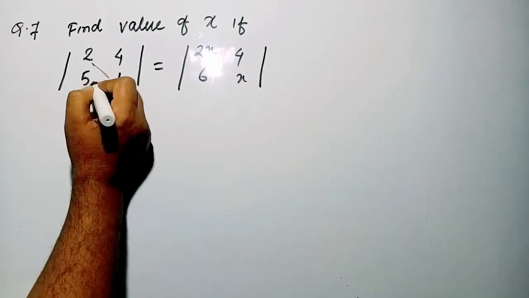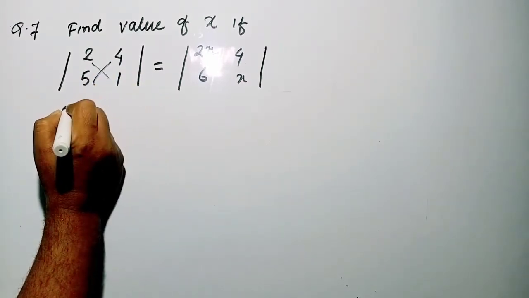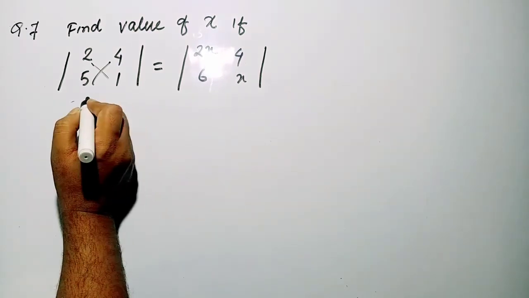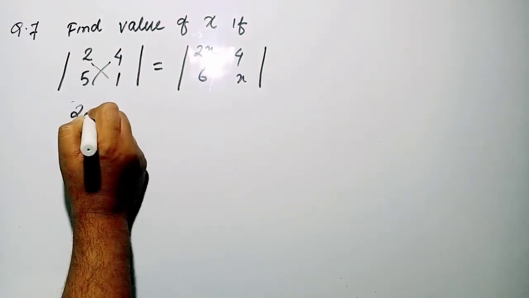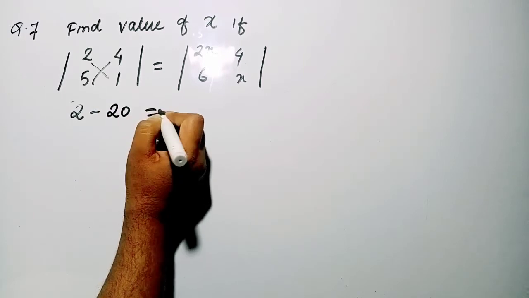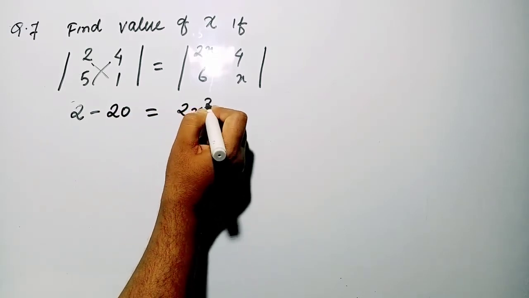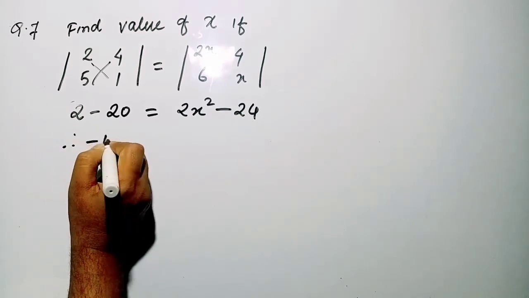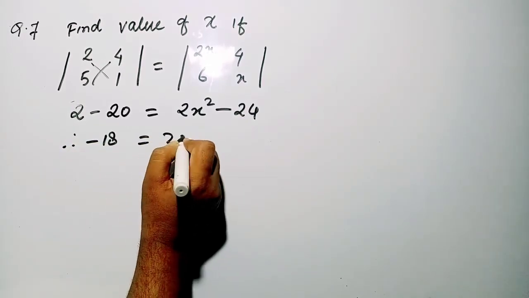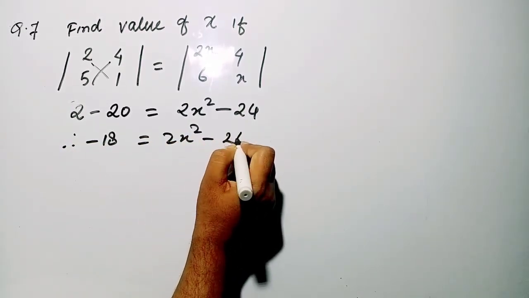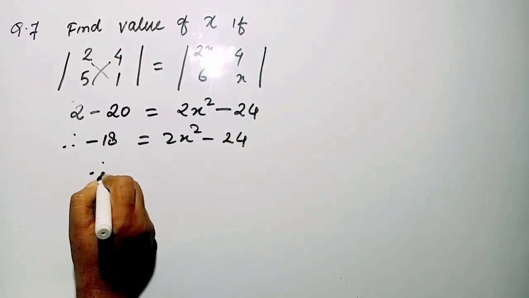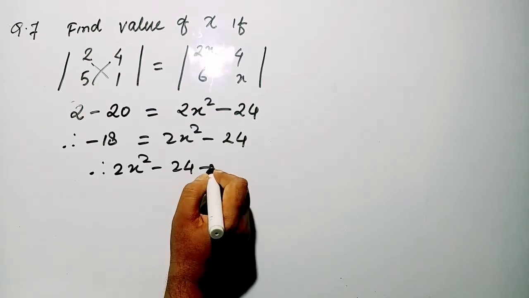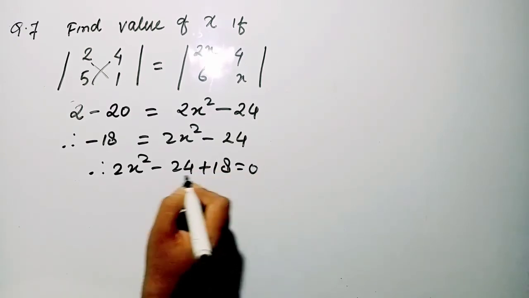Now doing the cross multiplication over here, 2 into 1 minus 5 into 4, so 2 minus 20 is equal to 2x into x, 2x square, minus 6 into 4, 24, so minus 18 is equal to 2x square minus 24. So we can write 2x square minus 24 plus 18 is equal to 0.